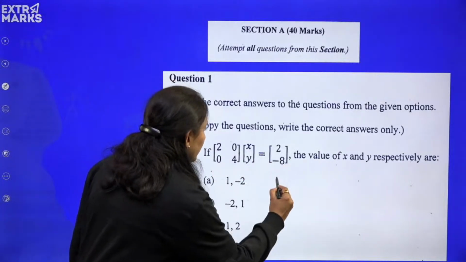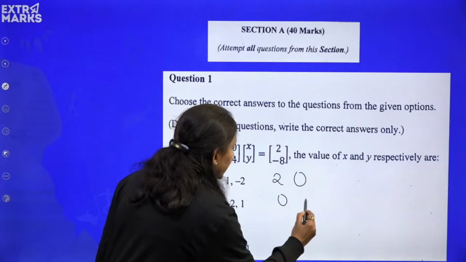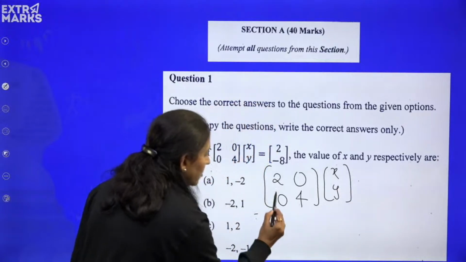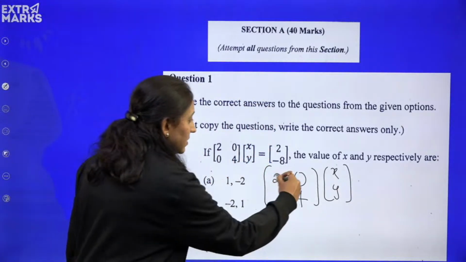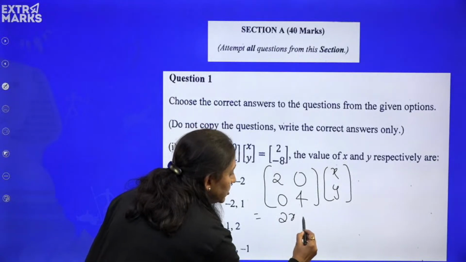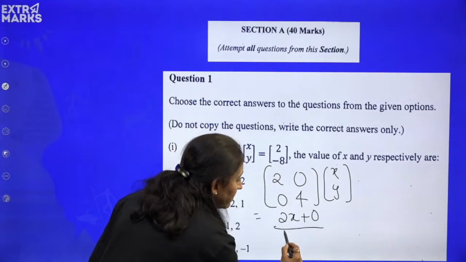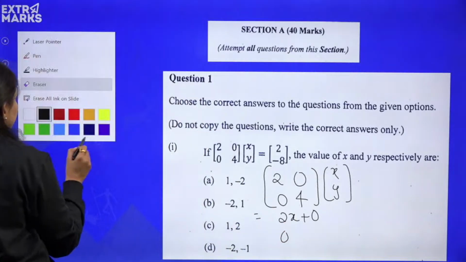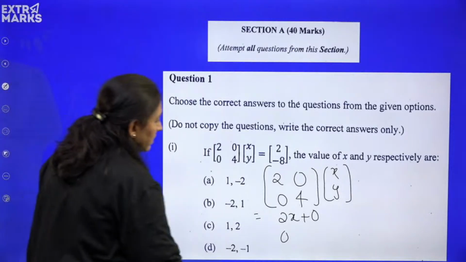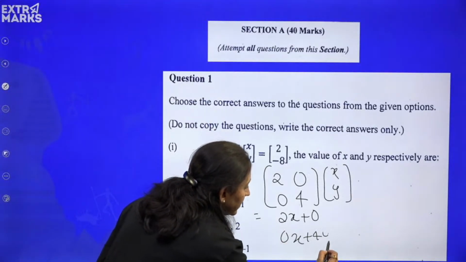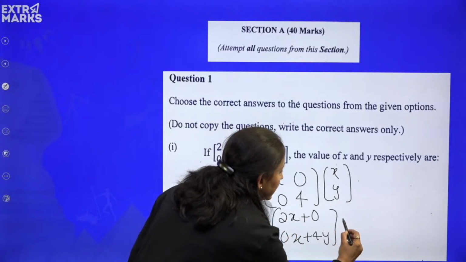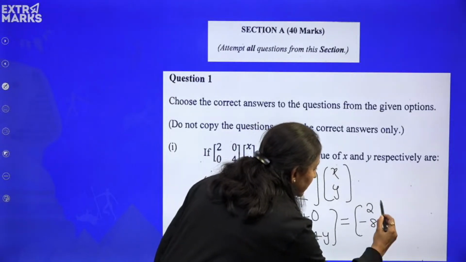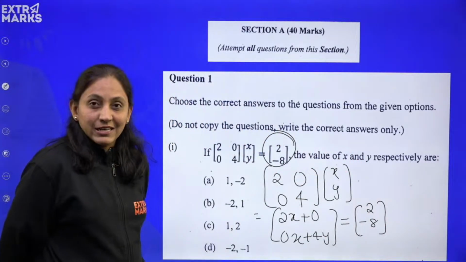When you multiply both the matrices, the product matrix will be 2x plus 0 and 0x plus 4y, and this is equal to the matrix in the RHS, which is 2 comma minus 8.